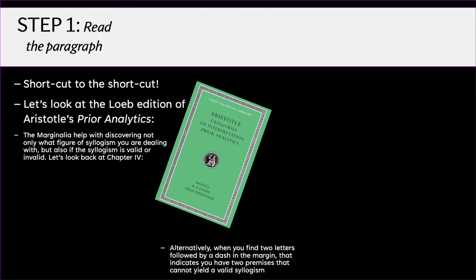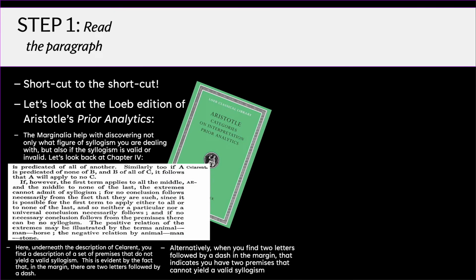Alternatively, when you find two letters followed by a dash in the margin, that indicates that you have two premises that cannot yield a valid syllogism. Or, in other words, what you have is an invalid syllogism. A syllogism in appearance, but not in reality. Let's look at an example. Notice underneath the word Celarent, there's another indication in the margins.